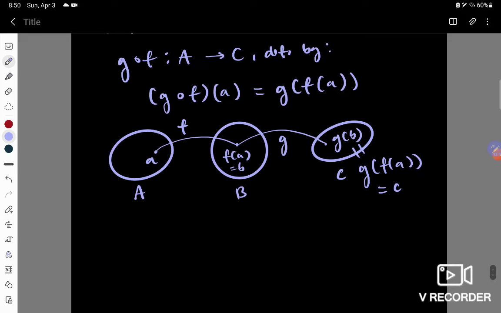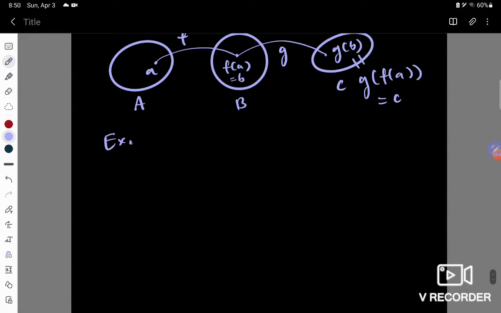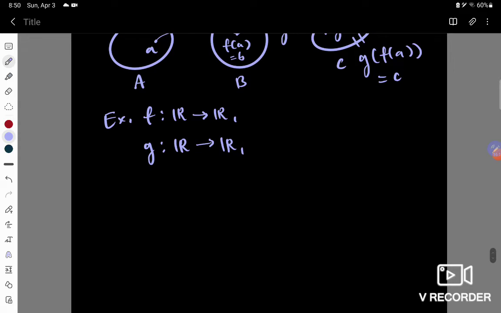Okay, so this is composition of functions, and let's just look at a quick example. Example here. Composite of both, let's say, from domain and range real numbers. So these two functions f and g. Let's start with f of x, 3x squared plus 2, and g of x, which equals 5x, right?